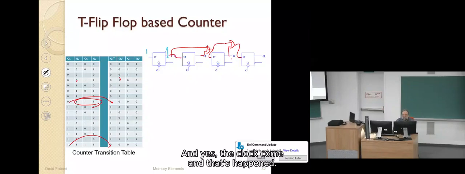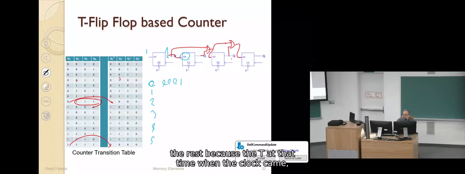Let me write the clocks: 0, 1, 2, 3, 4, 5. So the first clock comes, Q0 becomes 1, and the rest don't change, because the T at that time when the clock came was 0 for those.